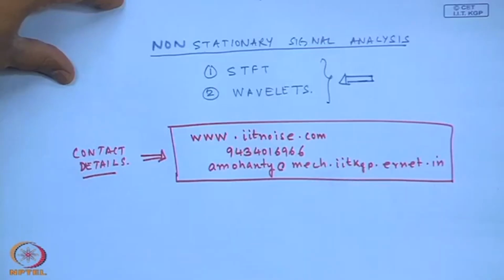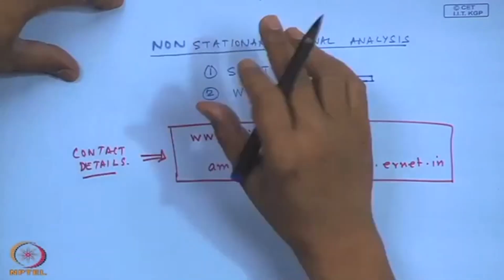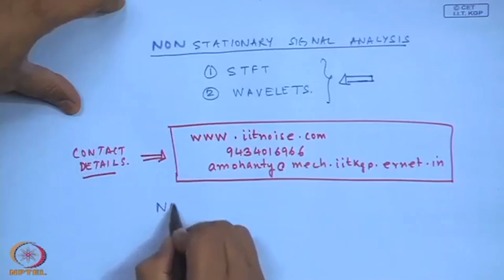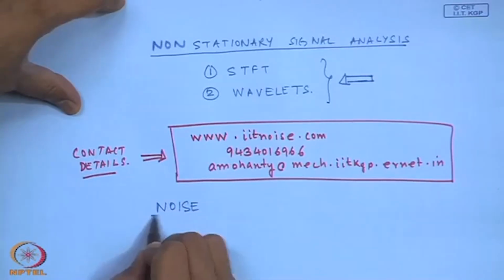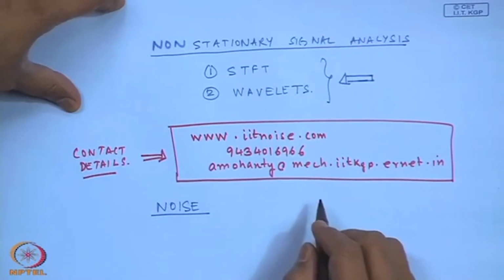Now, another very important characteristic of these looseness signals is that they will be associated with noise, okay, because things are hitting against each other.